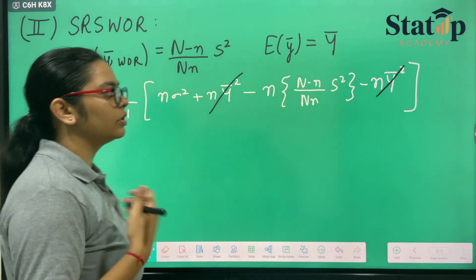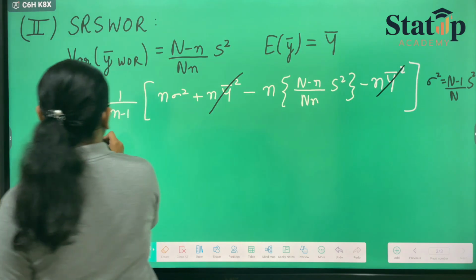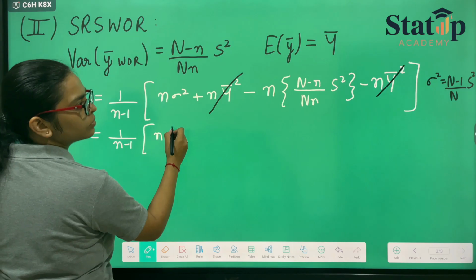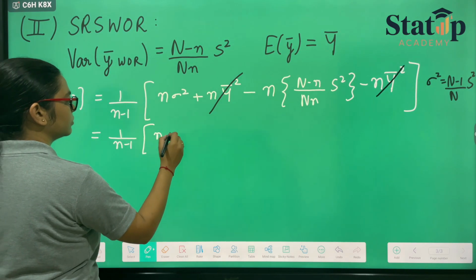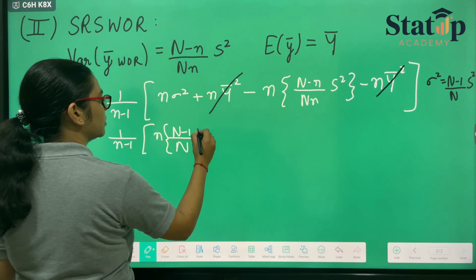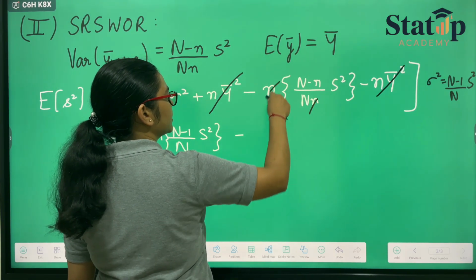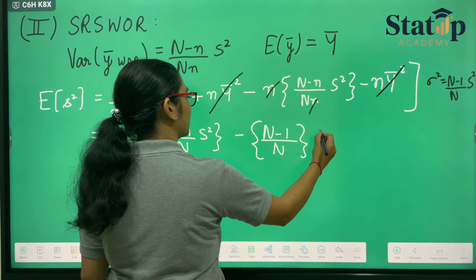Now we know that yesterday we did that sigma square is nothing but (capital N minus 1) upon capital N, S square. So substituting this here as well, we are left with small n into (capital N minus 1) upon N, S square, minus (N minus n) upon N, S square.